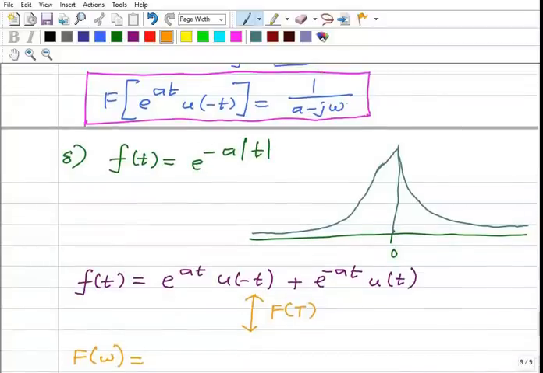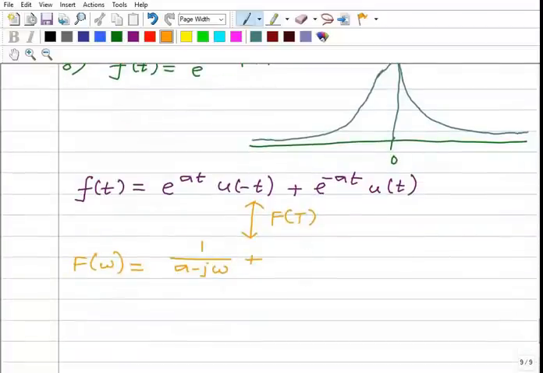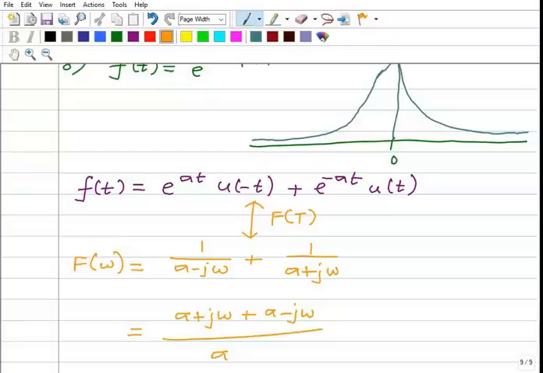Is this the result? 1 over a minus j omega, plus the second one. Simplify this. So cross multiply: a plus j omega plus a minus j omega, over a square plus omega square.